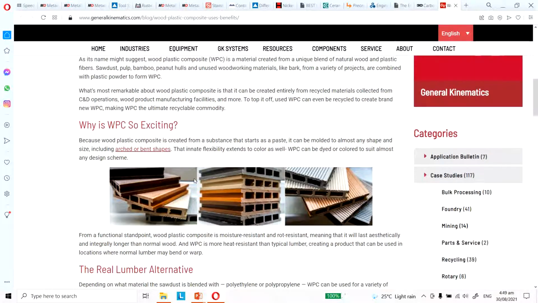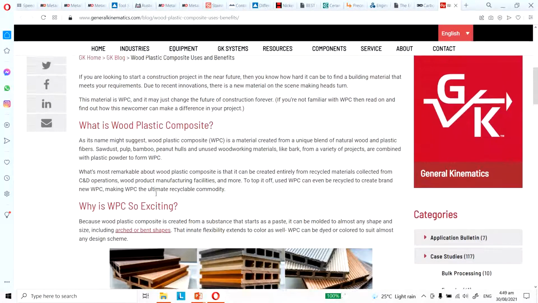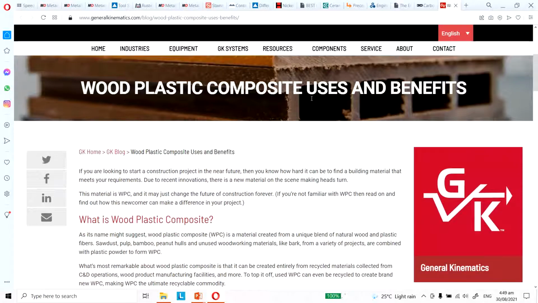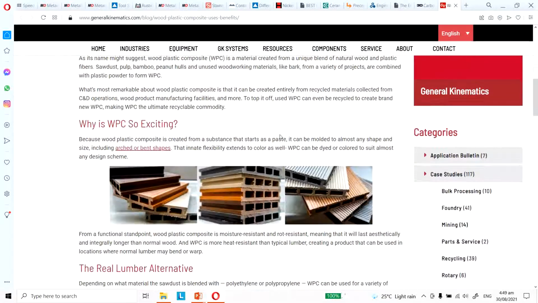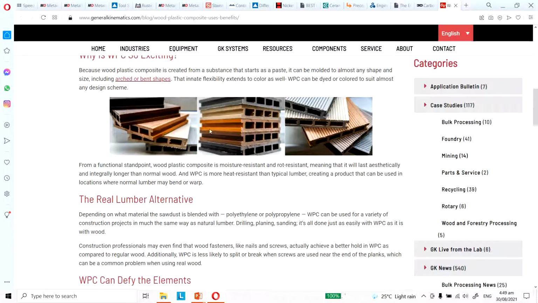If it is purely wood, the problem is degradation due to moisture. But because it is a combination of wood and plastics, it becomes superior and can be applied to situations where there is high moisture or exposure to water.